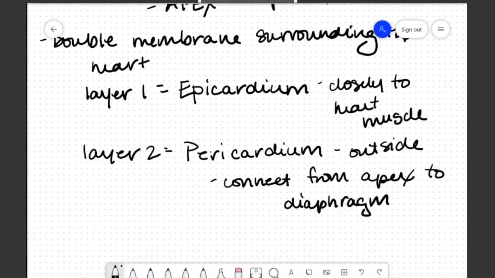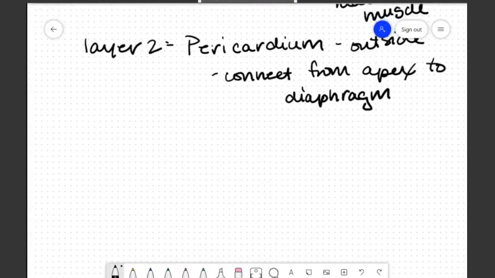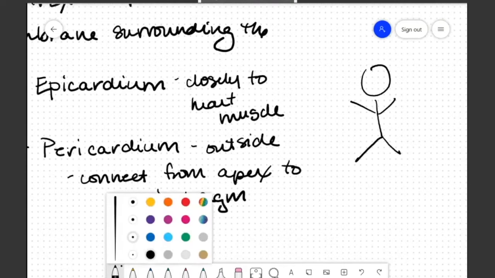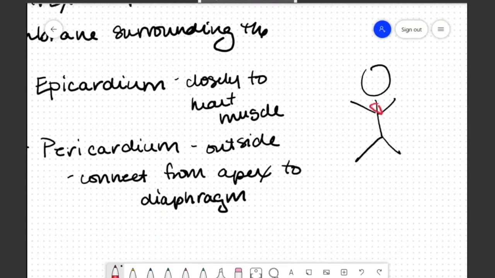So to go back to how our lovely little person works, we're going to come over here. Here's my person. I'm going to have the heart sitting here, slightly off-centered, cone-shaped.